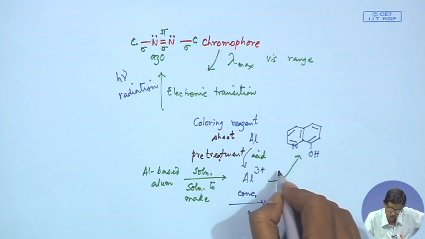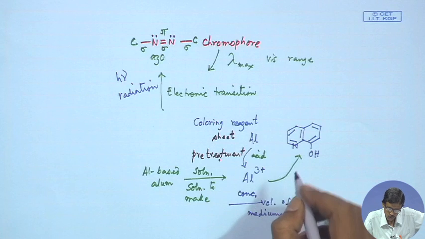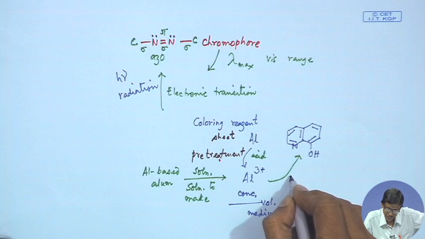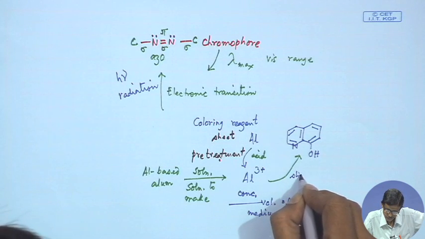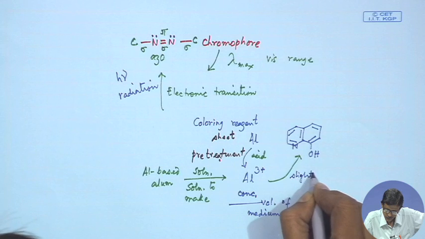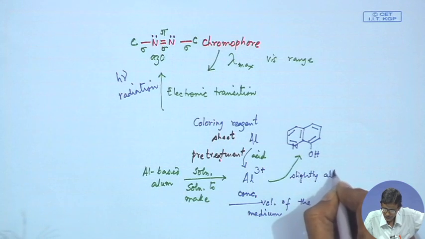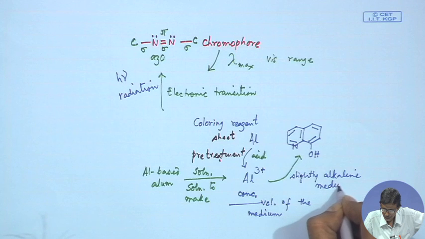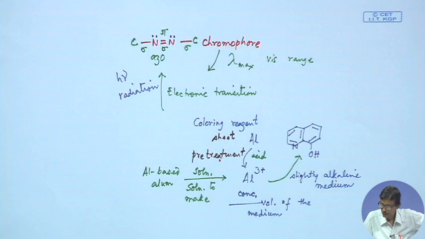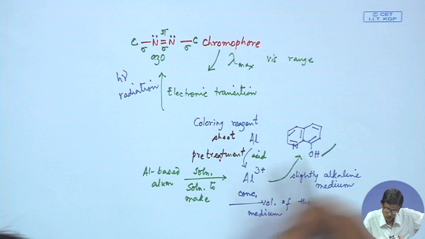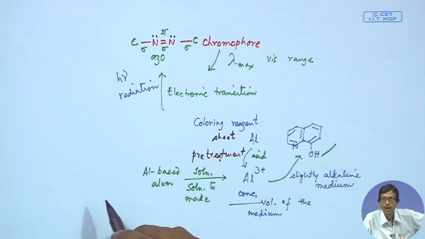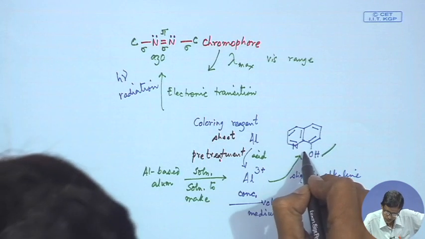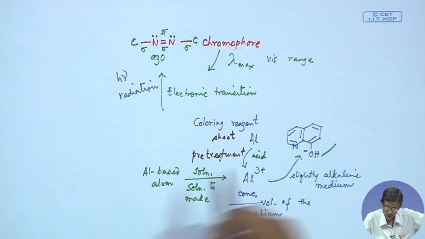That means, if we get this particular one with some slightly alkaline medium. Why slightly alkaline medium? Because you have to take out this as H plus and you have a charge on O minus.